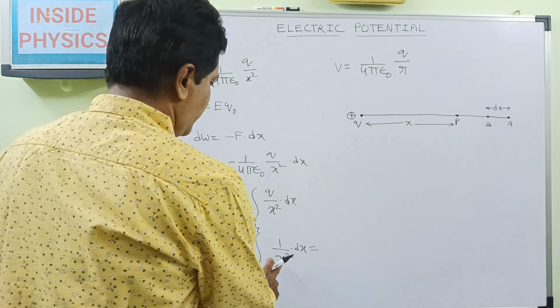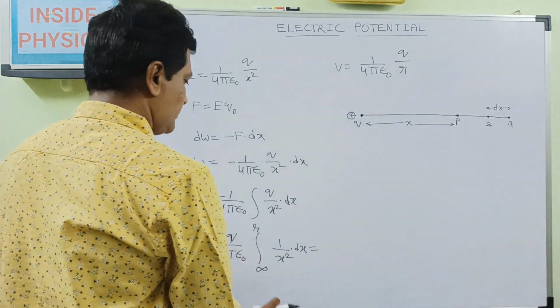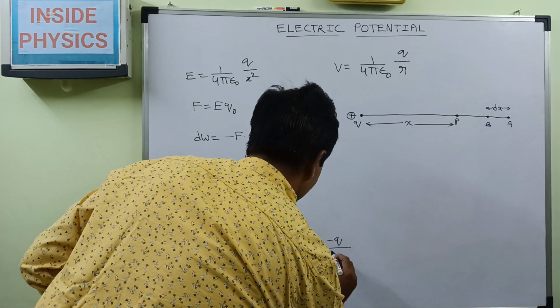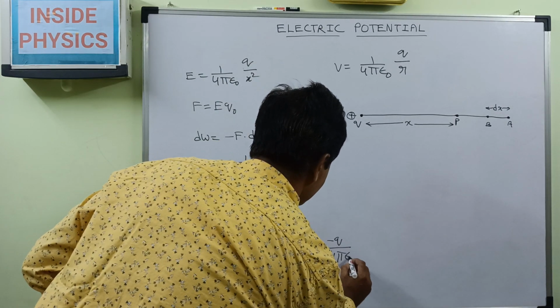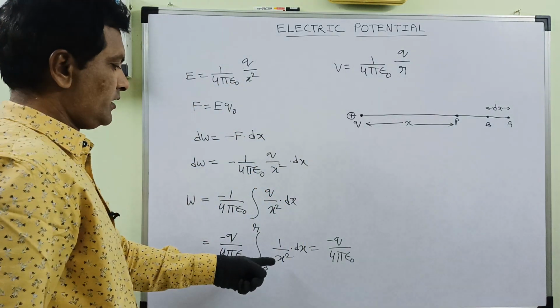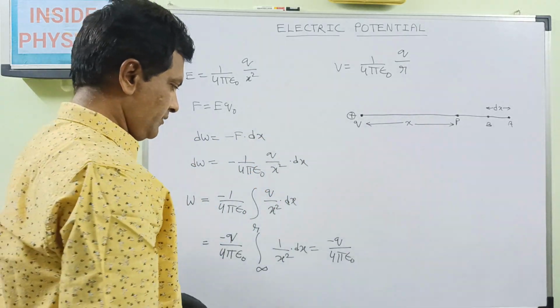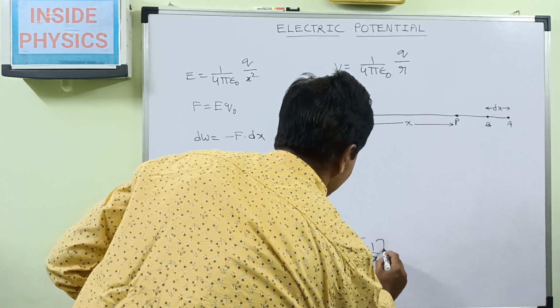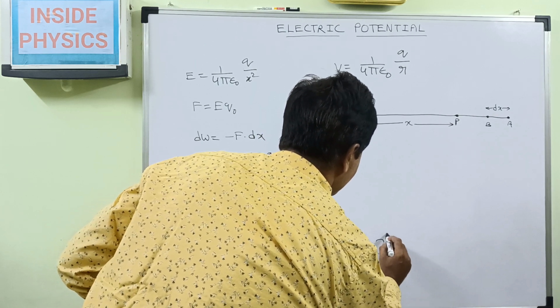Now we will integrate this between these limits. This becomes q by epsilon naught. What is the integration of 1 by x square? This becomes minus 1 by x between the limits infinity to r.